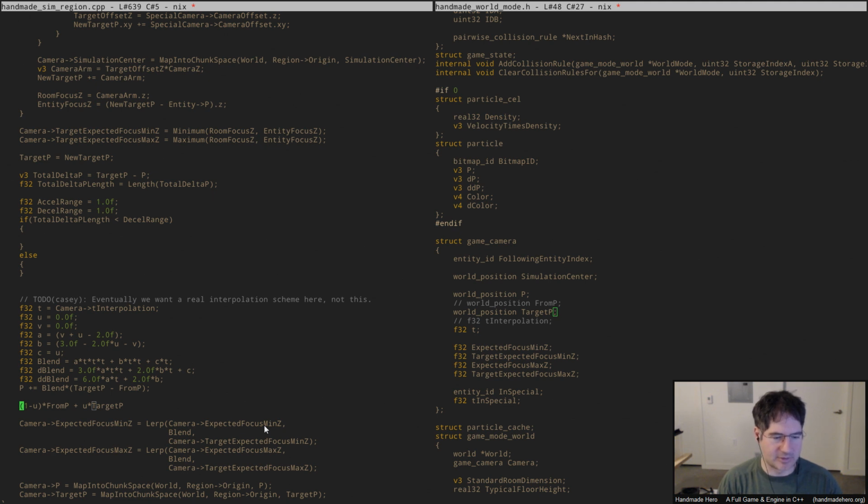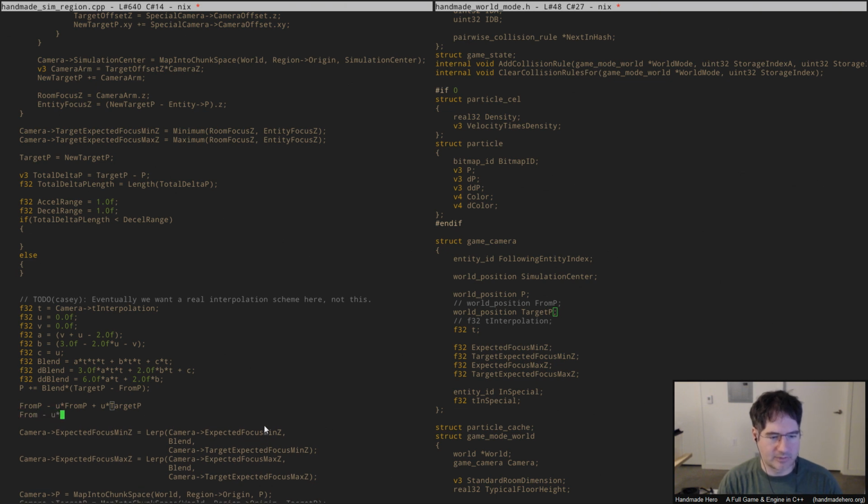That's just the part I was saying before: that's from p minus u times from p plus u times target p, which if you then pull out the u, it's just from p plus u times target p minus from p. If I rearrange these two terms here, pull out the u, I get a u times target p minus from p.